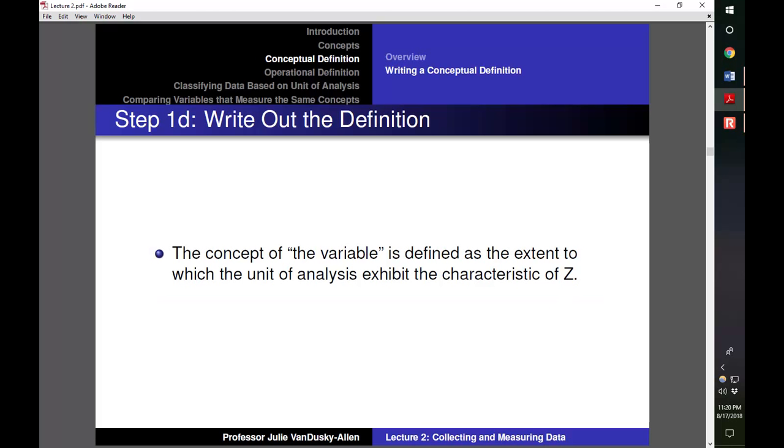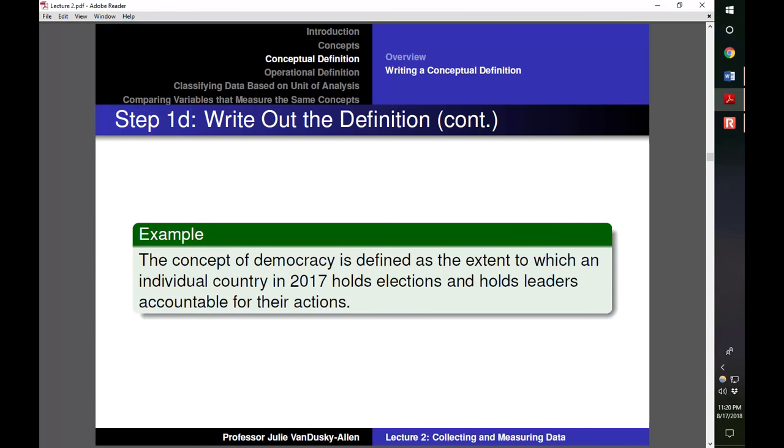After we modify our list of measurable properties, we write down our conceptual definition. You can use the following template to write down a conceptual definition. The concept of X is defined as the extent to which subjects exhibit the characteristic of Z. So using our democracy example, we would write, the concept of democracy is defined as the extent to which an individual country holds regular elections and holds leaders accountable for their actions.